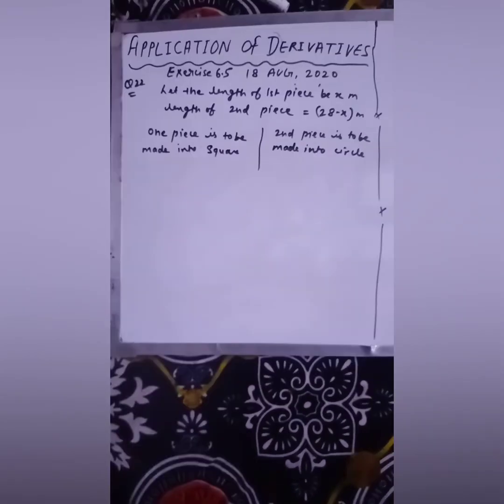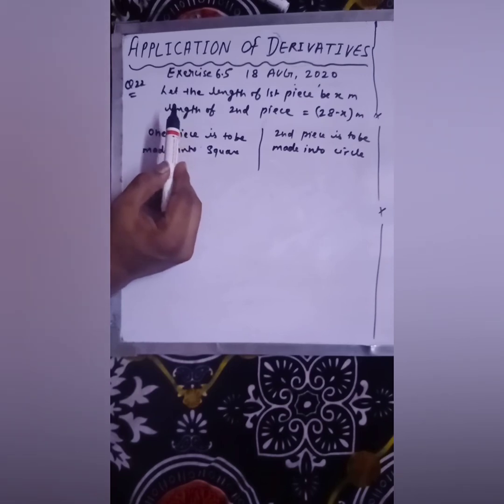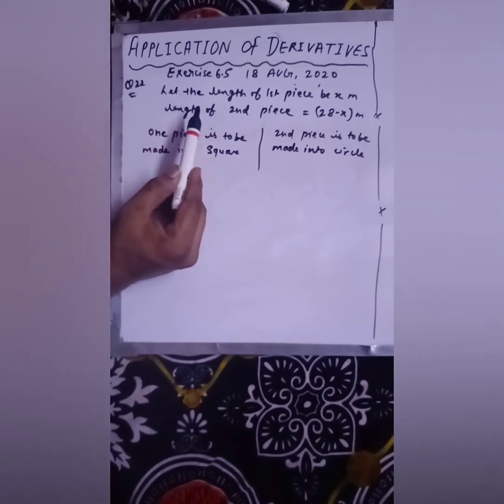Now we have to solve question number 22 of the same exercise. In this question, there is a wire whose length is 28 centimeter. Read the question first of all from your NCERT book. The total length of the wire is 28 given to us, and we are breaking this wire into two pieces.